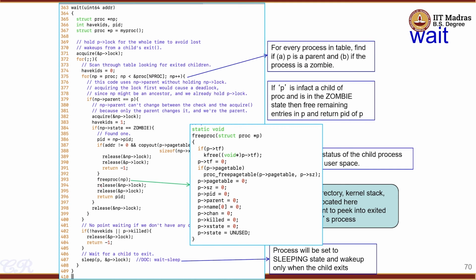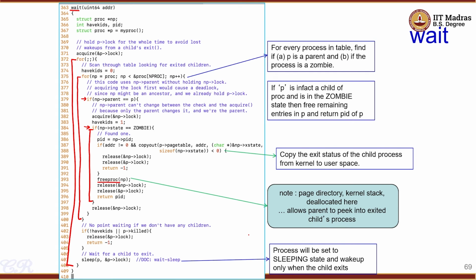The freeproc looks something like this. It frees the trap frame, it frees the page tables corresponding to the child, and it sets a lot of other things in the proc to 0. Also importantly, it sets the state for that proc entry to unused.